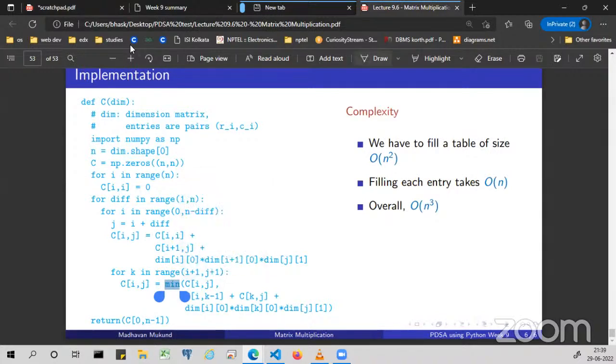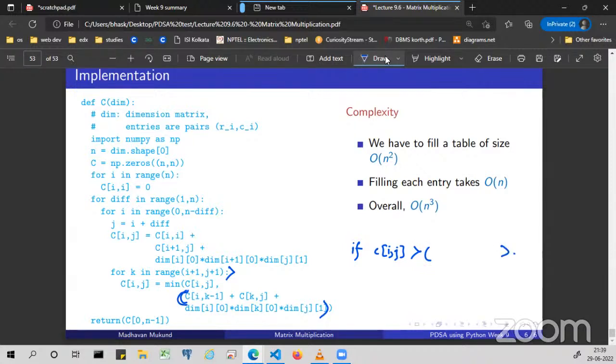If I want to do something like this, I consider whatever I am writing after this for. What I am doing is, if C i comma j is greater than this term, I'm just before going for minimum, checking it in another way.